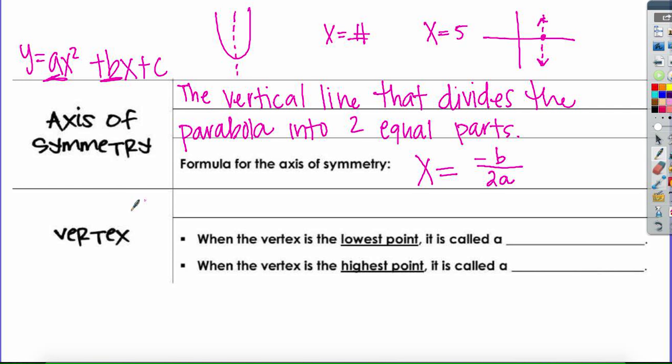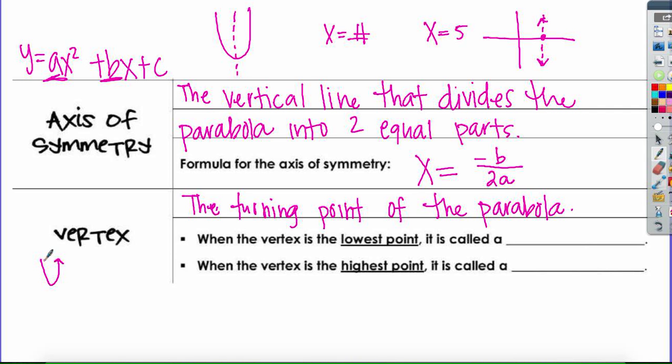The next piece of information is the vertex. I briefly pointed out to you when we first looked at our graphs that the vertex is the turning point of the parabola. Remember, when it was facing up, we had a point down here where it changed places.